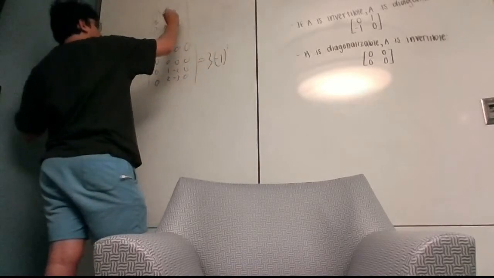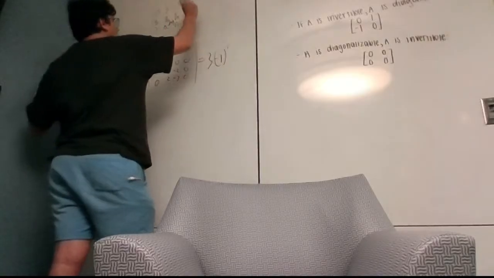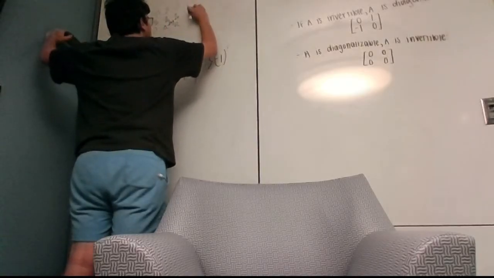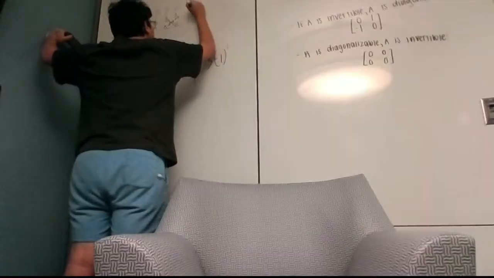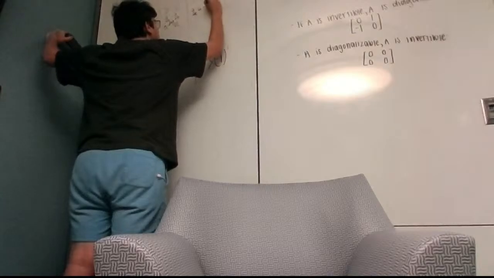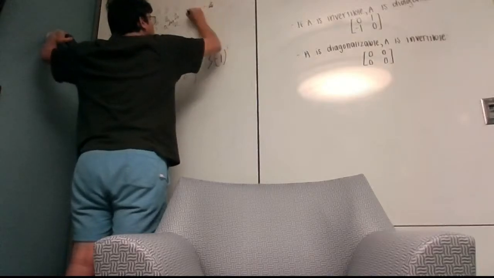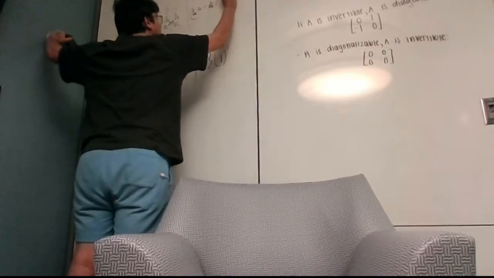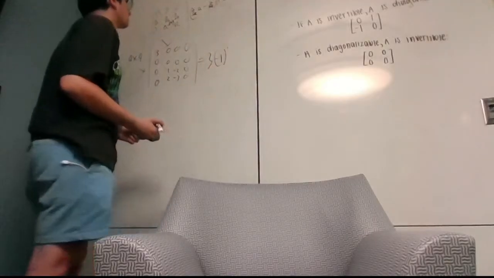You take this times this, and you get the following vector, but then you want a minus. Where does that minus come from?